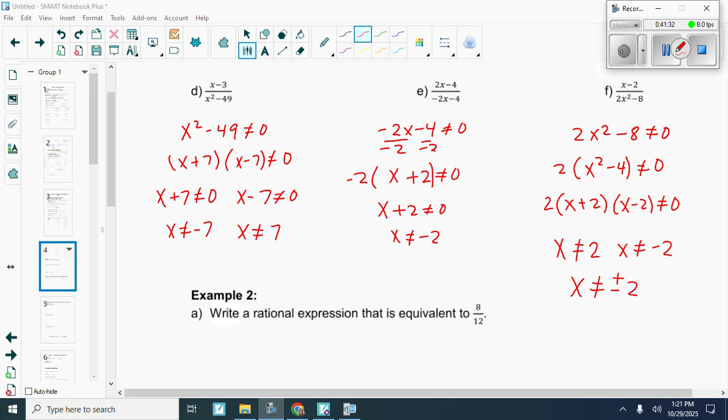If they're the same number, you can just say plus or minus 2 that way. So these two are the same thing. You don't have to do both, you just do one or the other. Either separate them out, or if they're the same number, you could stack them. Same thing here, you could have also said x cannot be plus or minus 7.